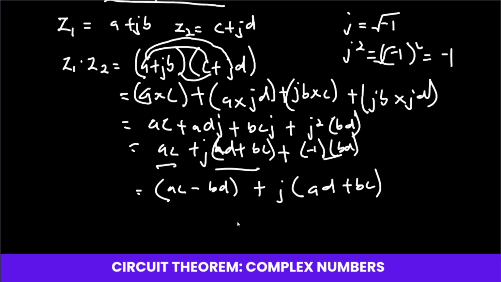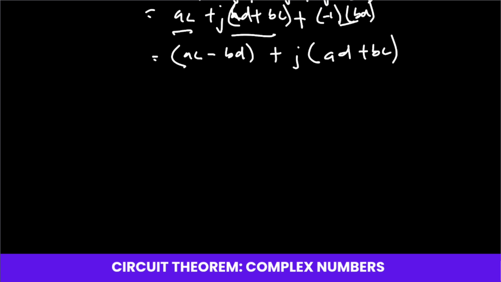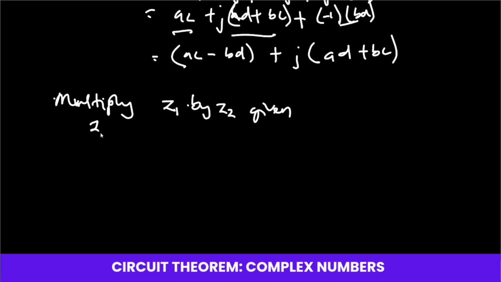Okay, so now let's give a typical example for the multiplication. Multiply z1 by z2, given z1 is equal to 3 plus 2j, and z2 equals, let's say, 2 plus 5j.